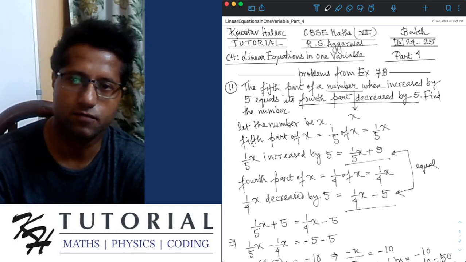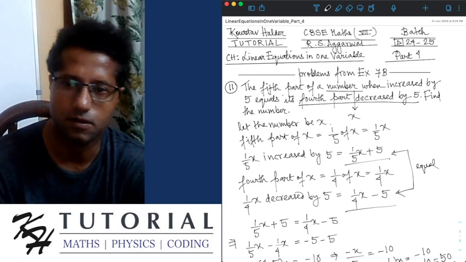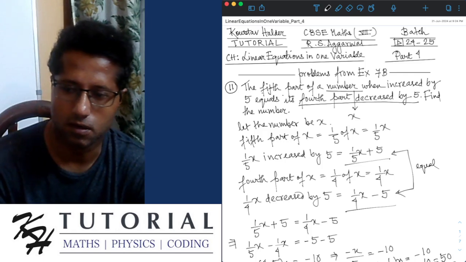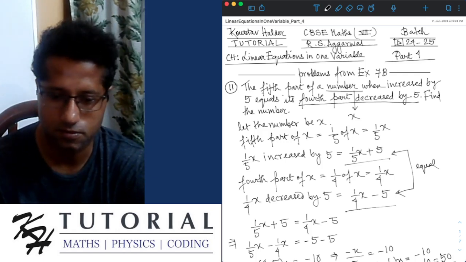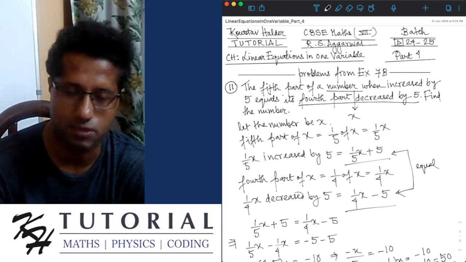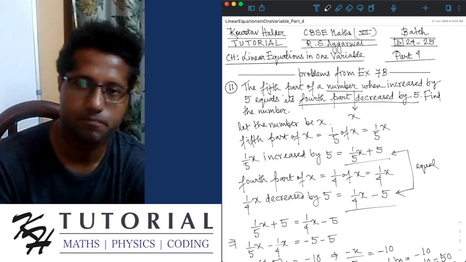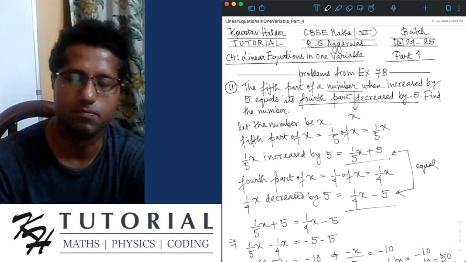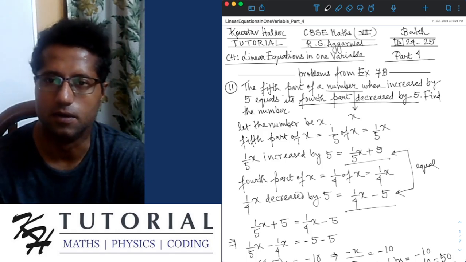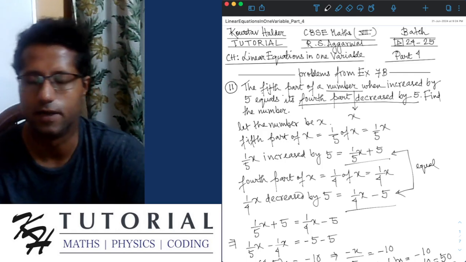This brings to the end of the chapter linear equations in one variable. The next thing I will do is solve the objective questions, the MCQs given at the end of this chapter, and also there is a test paper that combines the concept of algebraic equations and linear equations in one variable. I will solve that.